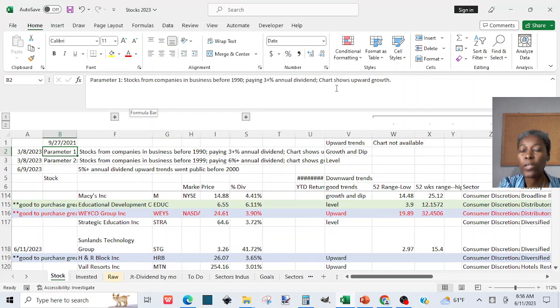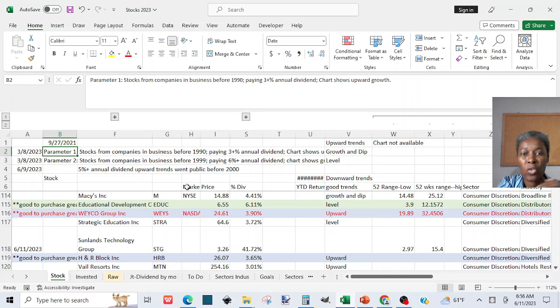So you can do any combinations that work for you to filter the list of the stocks that you have on your spreadsheet, to narrow them down to some, invest in those, and then analyze them again and pull others from the list and invest in them, choosing the best one first based on a parameter, and then choose the best one next based on another parameter.